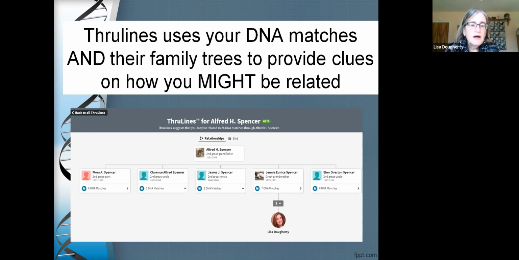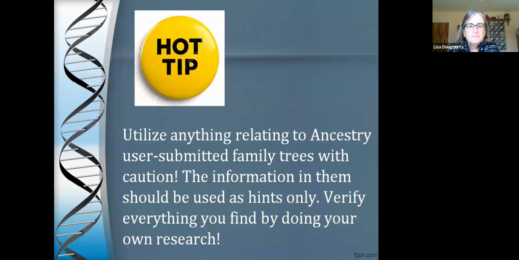So I could click on where it says the DNA matches, and I could check them out to see if I'm related to them, because they have those people in their trees, that may be how we're related. So it's a great way to figure out who your DNA matches are and how they might be related to you. So again, this is all hints. You just need to investigate it and figure it out. But this is definitely a very useful tool to use.